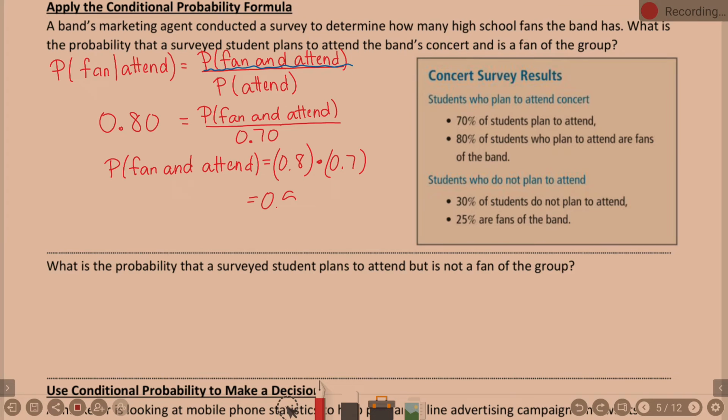What do you know about 0.56? 56%. Okay, so when we talk about this, this is the probability that a surveyed student plans to attend the band's concert and is a fan of the group.